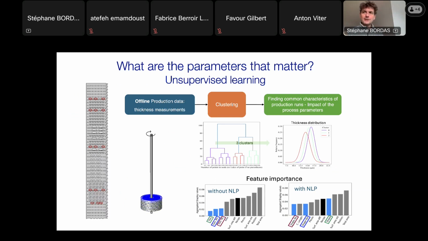You perform these measurements once every day, for example, or every month, every week, whatever. This is called offline. This is the production data, and this is the way that you can categorize the values and the parameters that are important or not important.